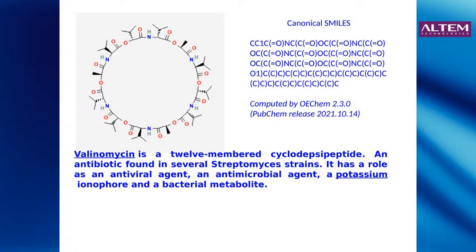So this valinomycin is a cyclodepsipeptide, a cyclic peptide, and it's an already known antibiotic, which is isolated from Streptomyces strains, and it also acts as an ionophore. So all this information was available in PubChem, the website PubChem, which I think all of you with interest in this field probably know.